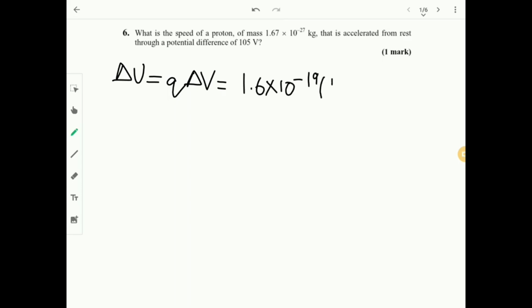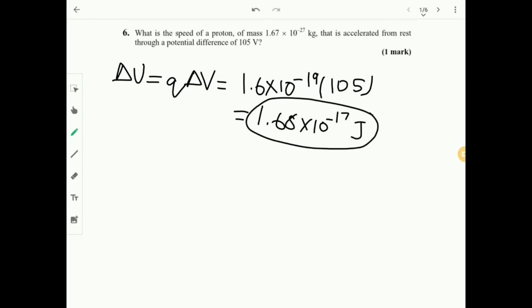We have delta V of 10^5, which leads to 1.6 times 10 to the power of minus 14 joules. And this is the loss, or it could be the gain, of potential energy. But we're looking for the speed, so we should write delta U equals delta KE. The kinetic energy loss or gain is equal to the potential energy loss or gain.